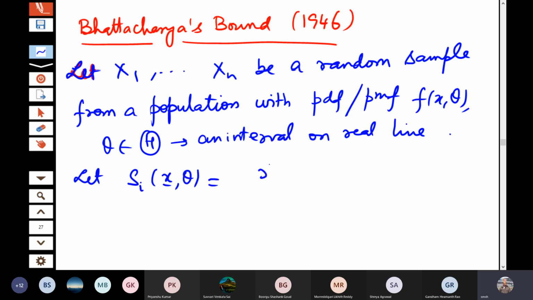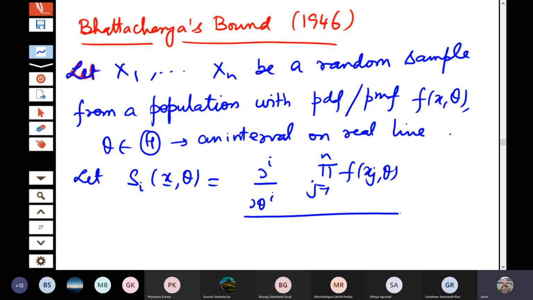That is now the ith order derivative of this product, j is equal to 1 to n, f of xj theta, divided by the product. Earlier you remember it was del f(x, theta) by del theta.